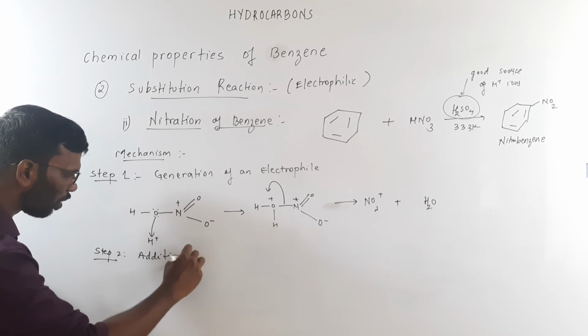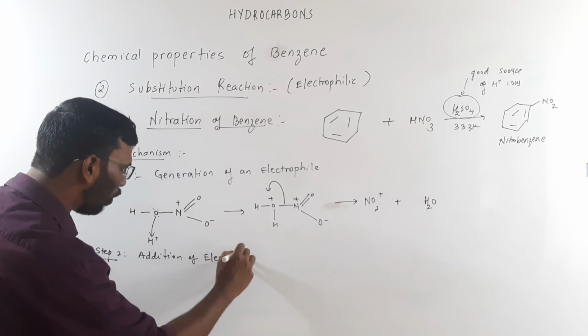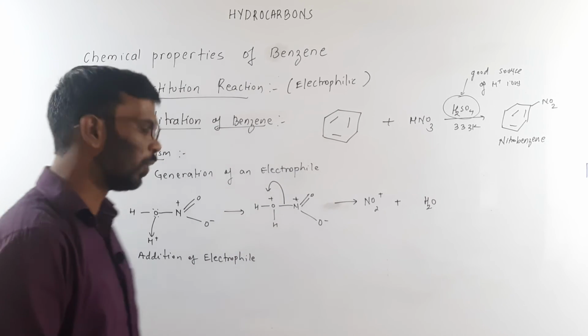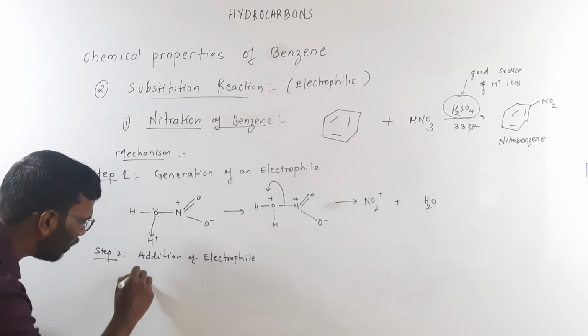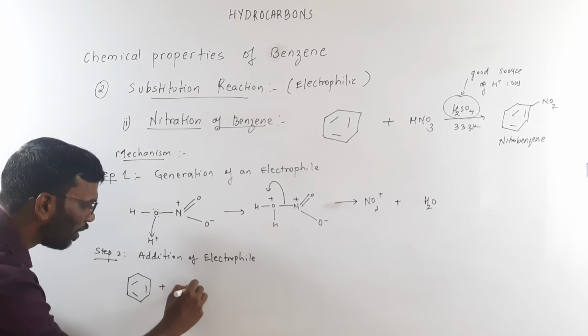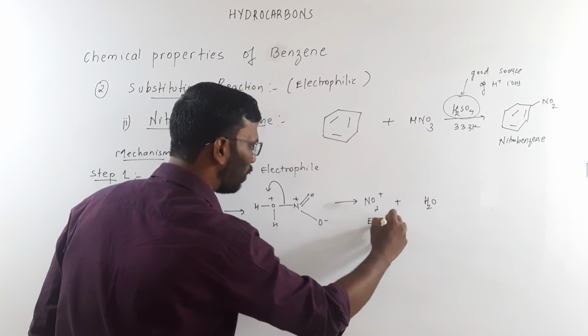Next, step 2 is addition of the electrophile, and it will follow the same steps as we did in the first reaction, halogenation. So this is your benzene, and you are taking NO2 plus as the electrophile because this was the electrophile which is generated.